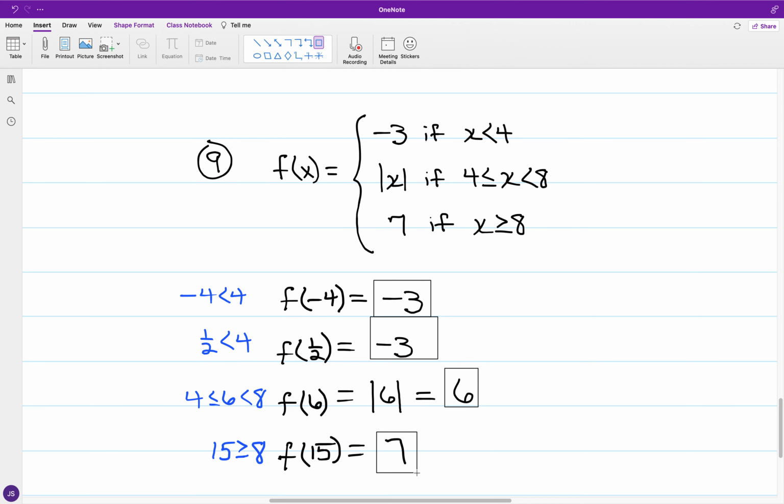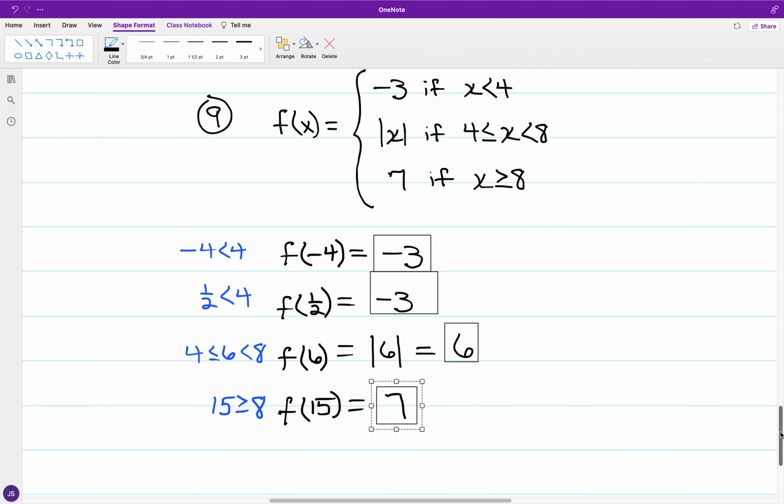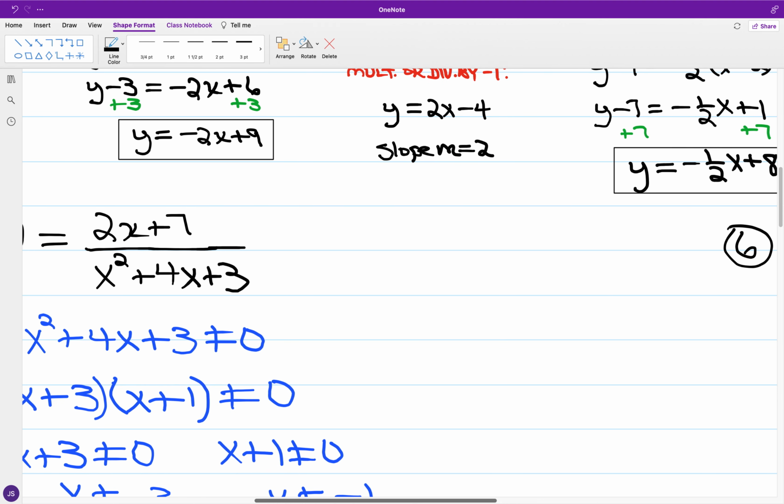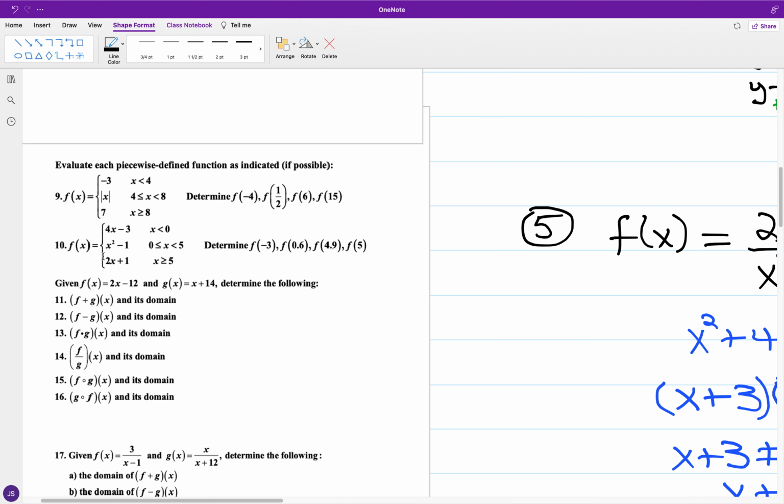Now, for what we have with the other piecewise defined function, for number 10, you have f of x is equal to, and here instead of constants and an absolute value expression, we have two linear expressions in the variable x.